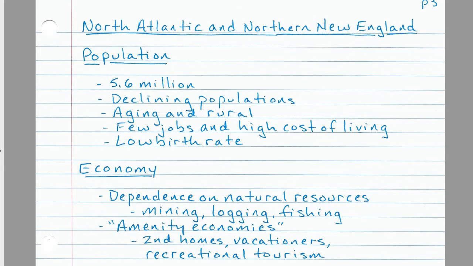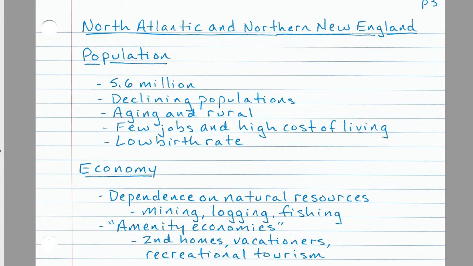Part of the reason for that is that there just aren't that many jobs. And so once the jobs that tended to sustain the area, like fishing and forestry or timber, lumbering, and mining, all declined, that tended to mean that people didn't have a lot of opportunities there, and they tended to leave.